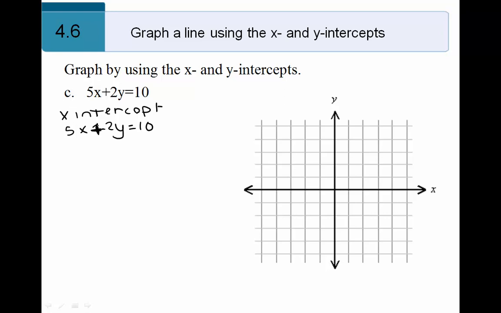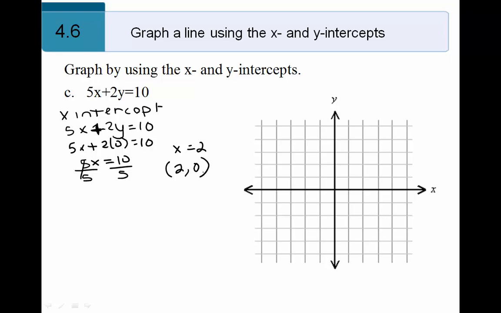So I'm finding my x-intercept, so let's plug 0 in for y. So I'm going to have 5x plus 2 times 0 equals 10. 2 multiplied by 0 is nothing, so I have 5x equals 10. Divide by 5, divide by 5. So you can see that x is equal to 2. So that's the ordered pair 2, 0.